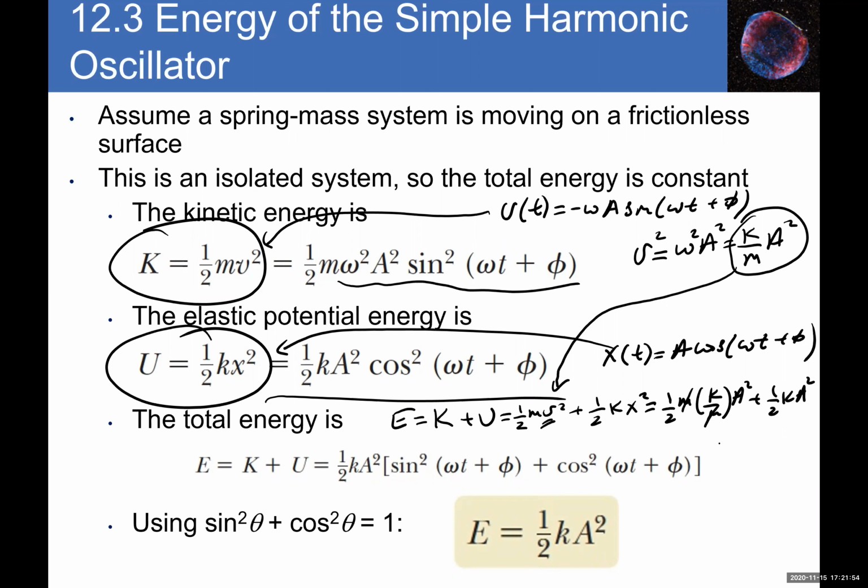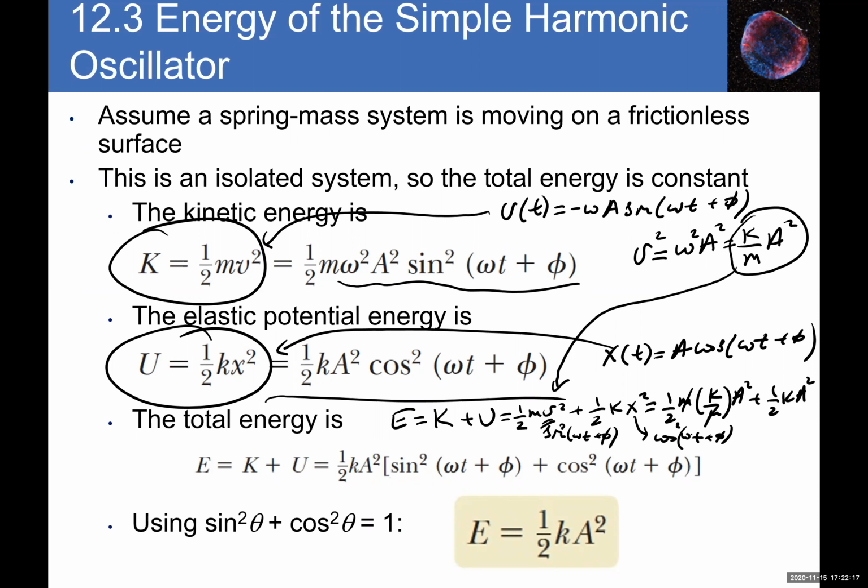And what we get from here is, because if you add those two together, obviously this one comes with sine squared of omega t plus phi. Here I have cosine of omega t plus phi.